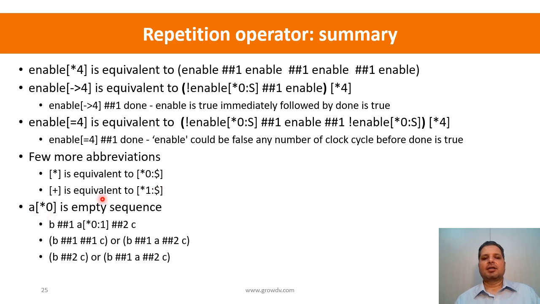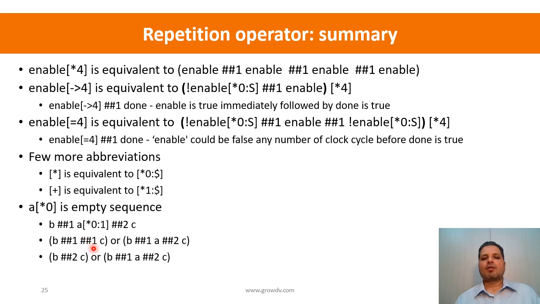And here the question might come, what does the repetition operator with a 0 mean? It's just an empty sequence. So let's look at it. Let's say I have B, 1 clock delay, A, with a repetition range of 0 colon 1, followed by 2 clocks delay, and C. I can expand this to B with 1 clock delay, and then the A is non-existent for the first case because the value of 0 is being used, so there is nothing.